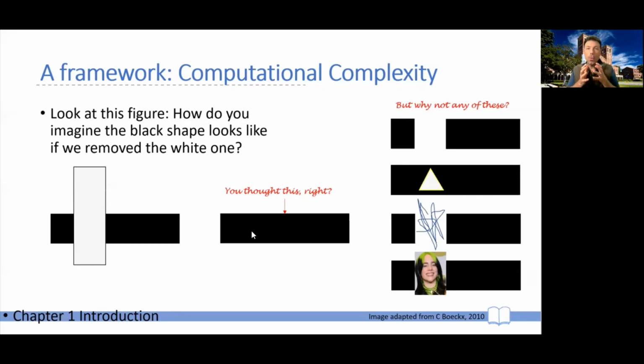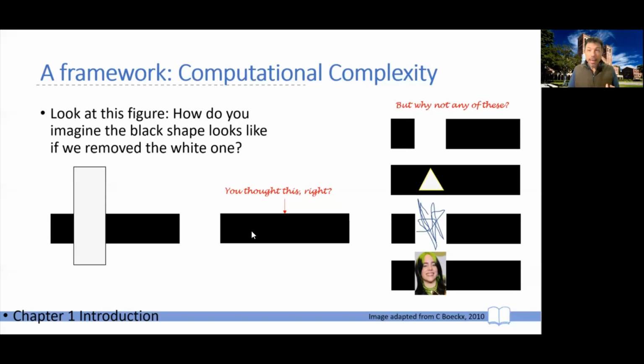And this is the crux of computational complexity. See, the world is extremely ambiguous. There's a ginormous number of possibilities of what could be. The world we live in is highly underspecified in many ways, meaning the information that we receive from the world is often highly underspecified, very ambiguous at times.